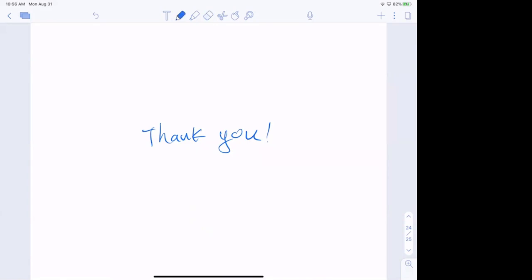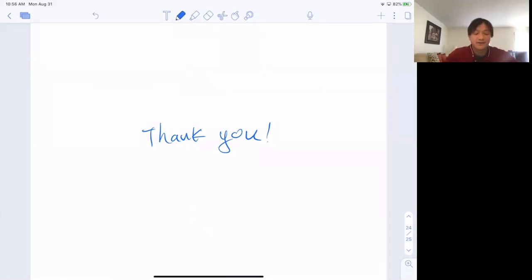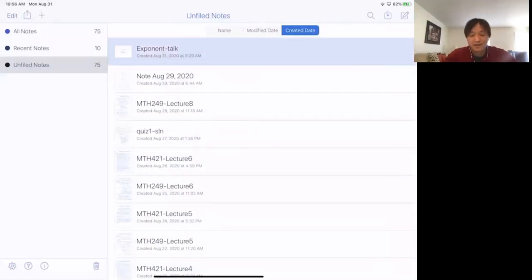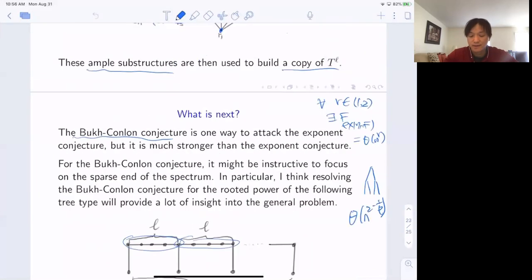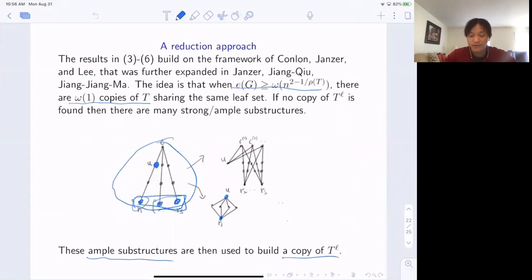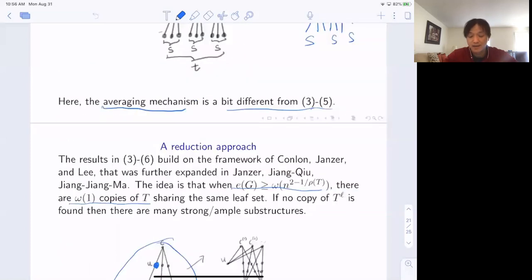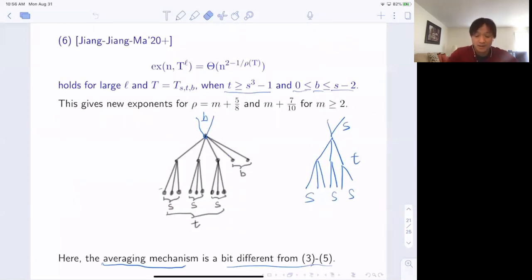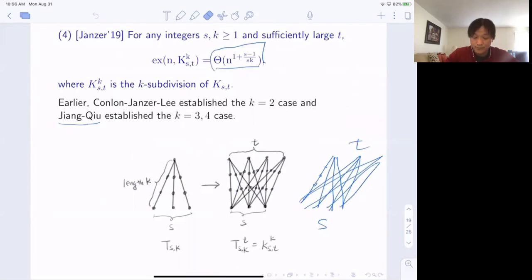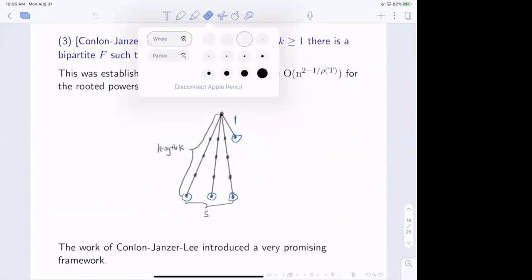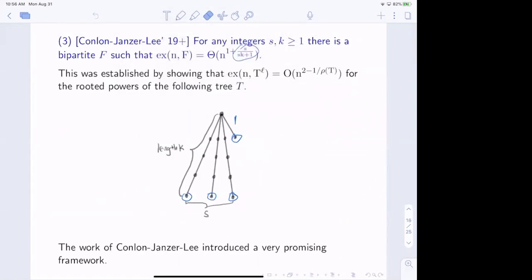The most recent result. Yeah, this averaging was actually kind of used in my paper with Yu on the 3-4 subdivision, but I think there's even more new ingredient to it. If you think about your paper and also Yang's paper, let me erase.